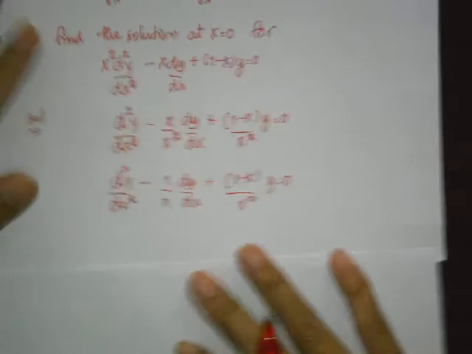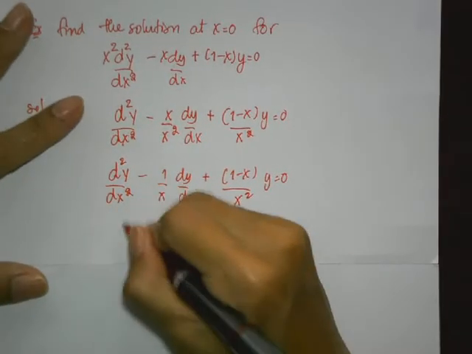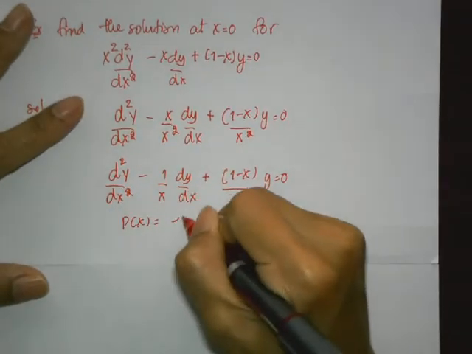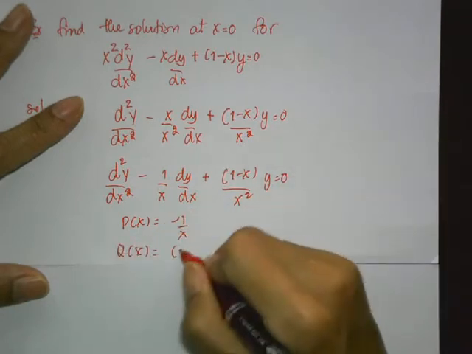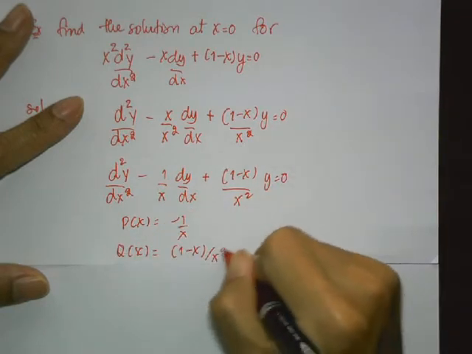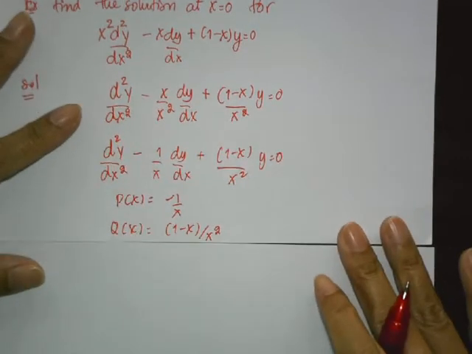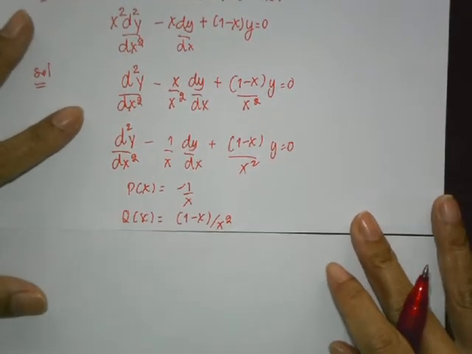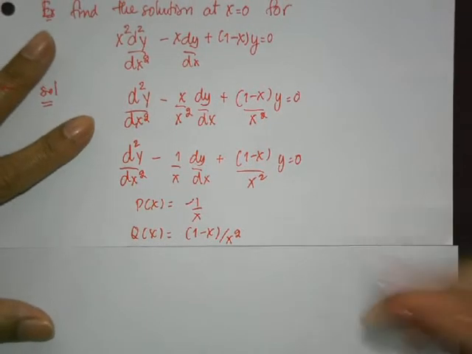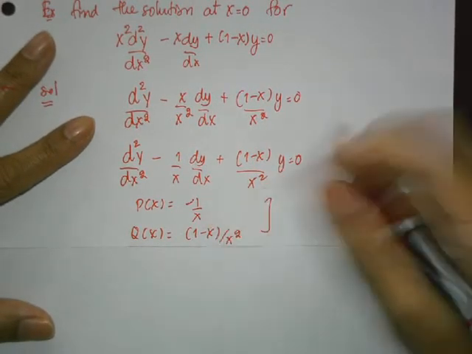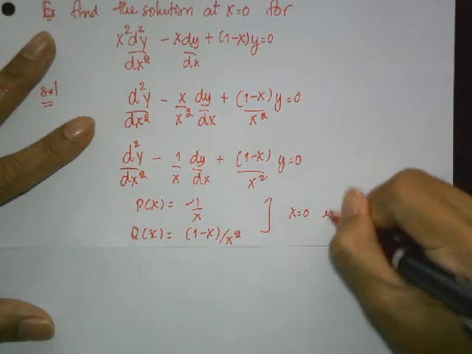So from this, we get p(x) equal to minus 1 over x and q(x) equal to (1 minus x) over x squared. Is x equal to 0 an ordinary or singular point? Singular point. From this, we know that x equal to 0 is a singular point.